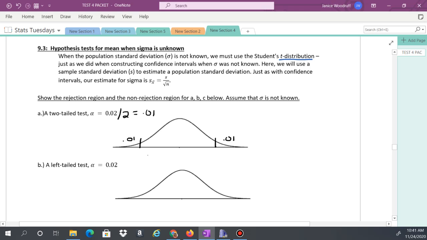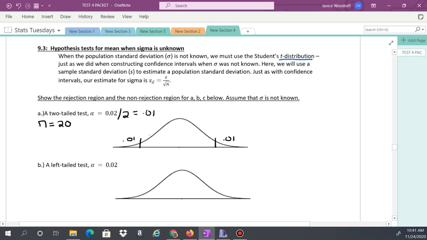We need a t value for that. We need a sample size in order to get a t value, and I did not give you guys a sample size, so let me give you a sample size. Let's do a sample size of 20 for each of these. Okay, so you can't find the t value without a sample size.